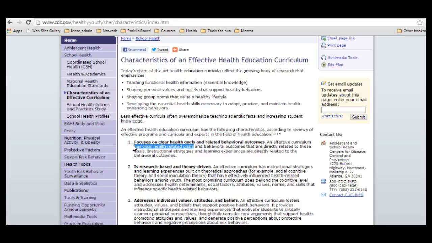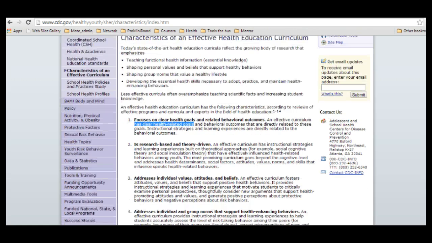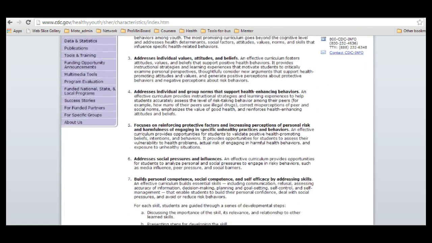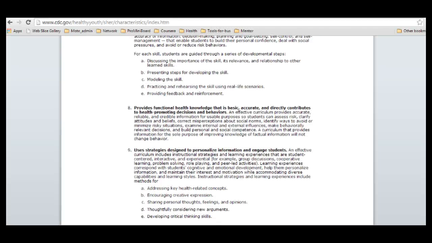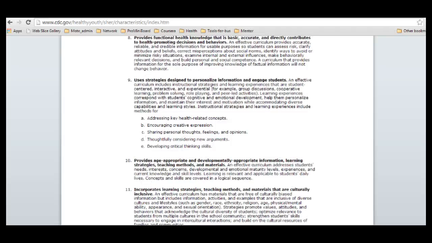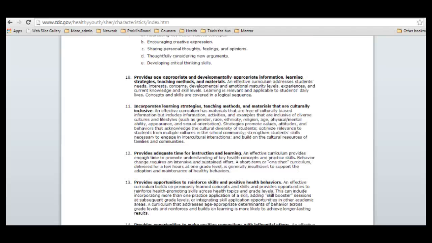I'm using the word variable variance. I don't know if it's a new term, but they have variables in it. So anyway, if you guys can read this as to what they need, as far as how they think the curriculum of healthy behavior should be catered.